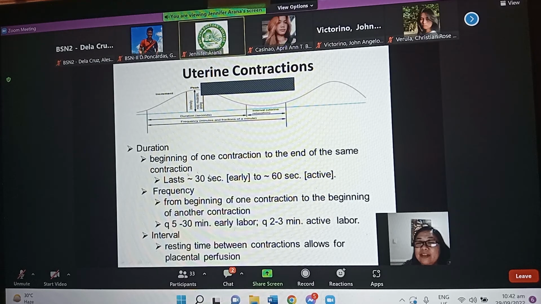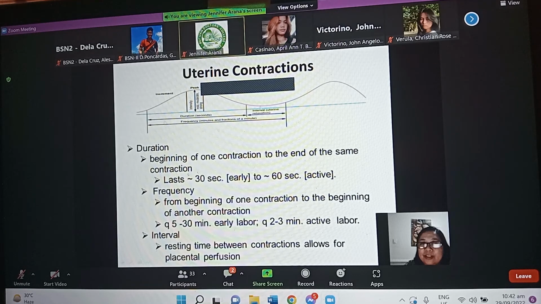This usually lasts 30 seconds in the early phase and 60 seconds in the active phase of contraction. So duration: beginning of one contraction to the end of the same contraction. Another thing which you should assess in uterine contraction is the frequency. The frequency is the amount of time spent from the beginning of one contraction to the beginning of the next contraction.